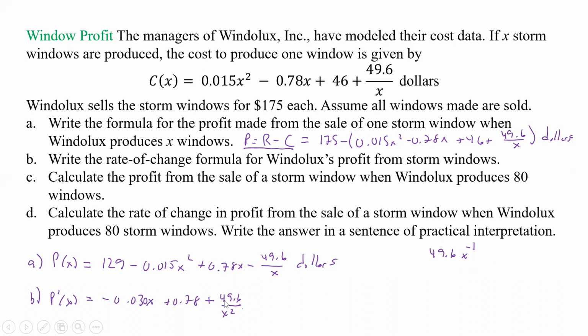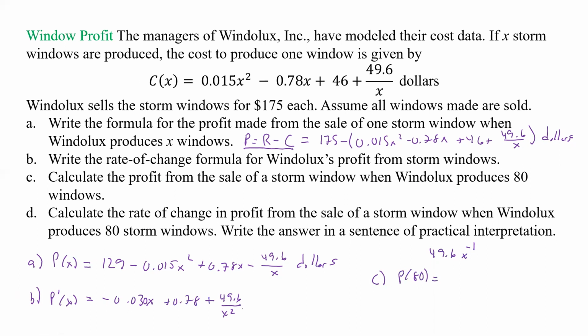So I would say maybe that would be the function to put, because I like to have positive exponents as much as possible. All right, so now C: calculate the profit from the sale of a storm window when Windowlux produces 80. Okay, well, C is going to be, now I need to have all that function typed in, and we're going to do it with 80. So I want P of 80.